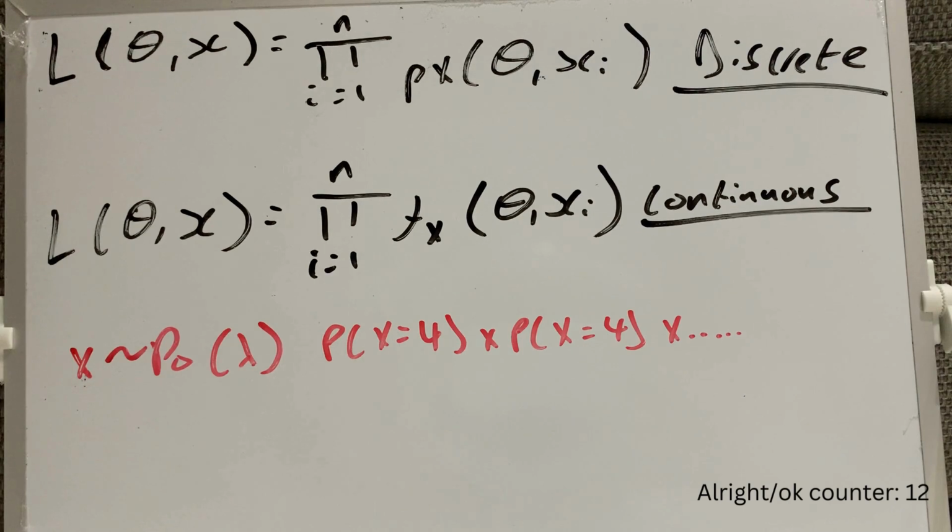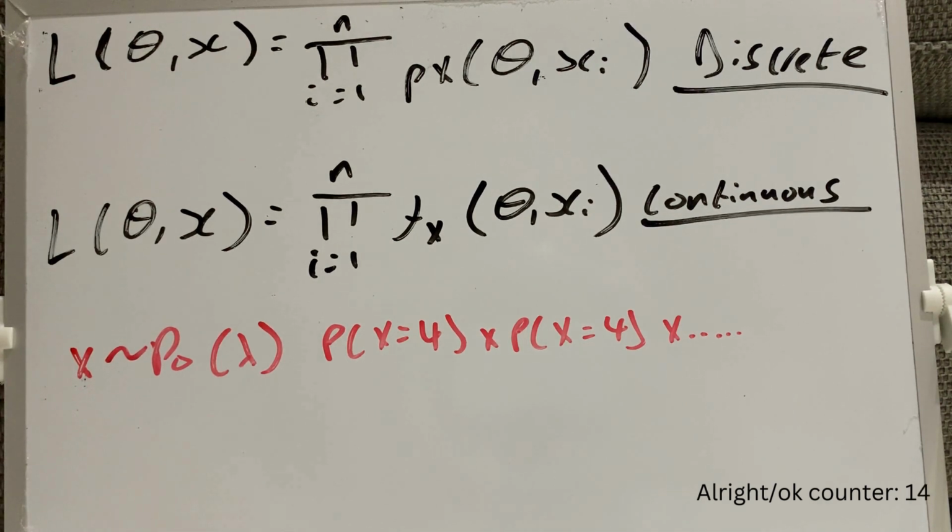We take the product of the probability that we observe each value. So for example, say lambda's 3, the probability that we observe a 4 times the probability that we observe a 5 times whatever other values we've observed. That overall will calculate the probability that we observe that whole set of values.